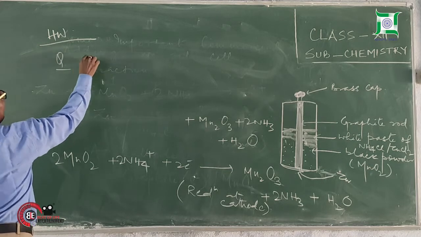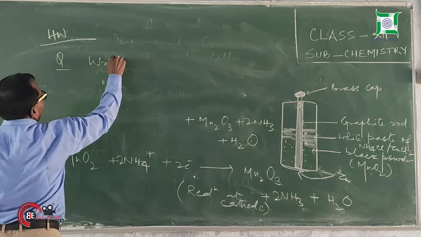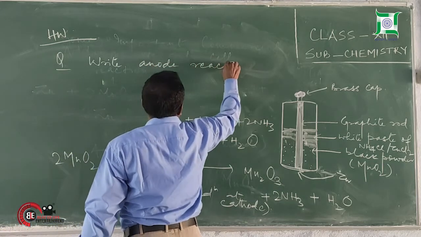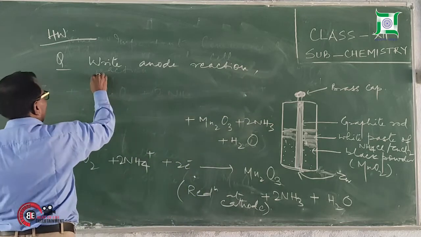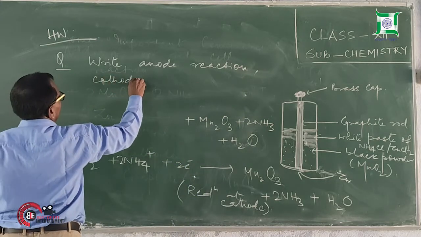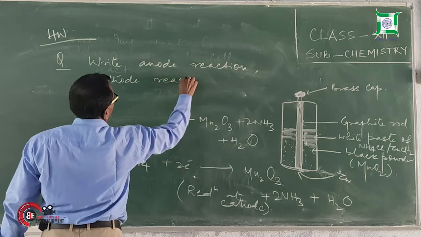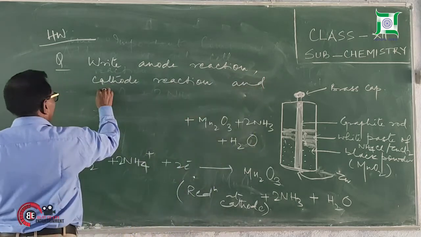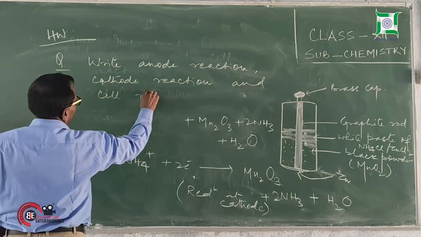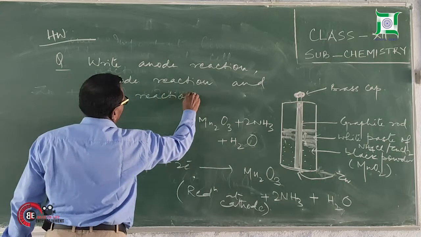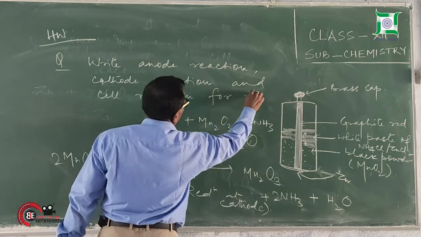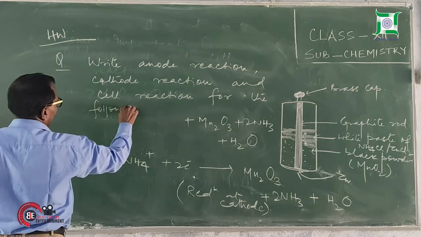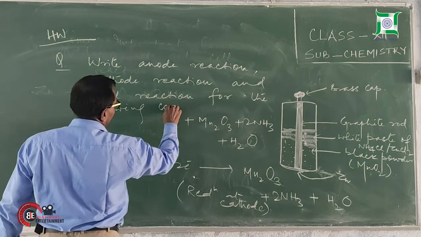So the question is, write the anode reaction, cathode reaction, and cell reaction for the following commercial cells.